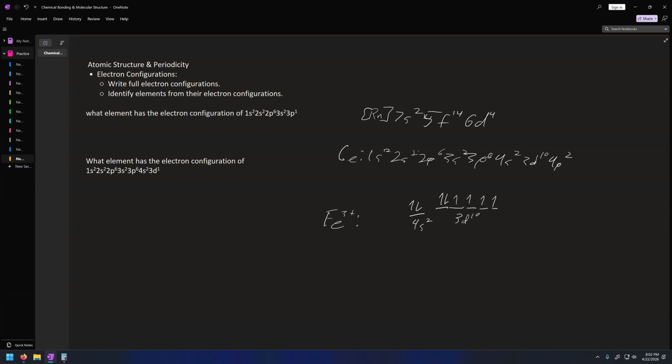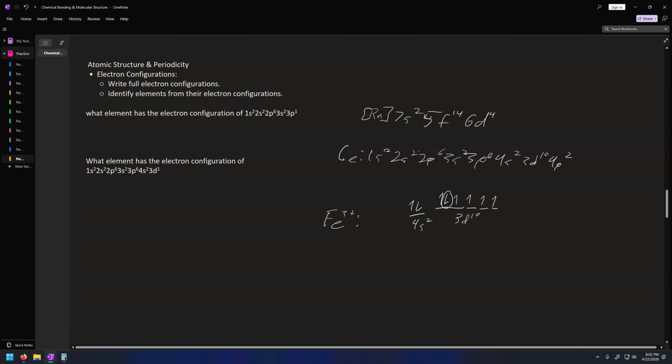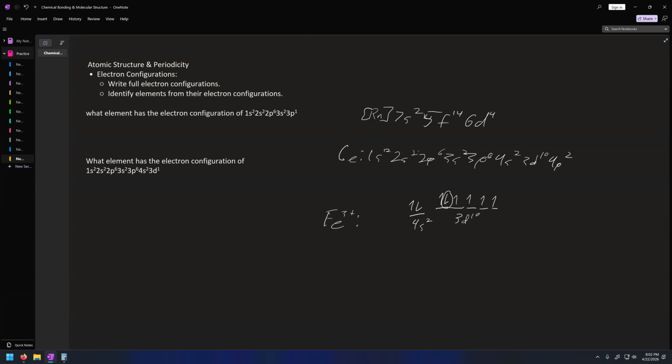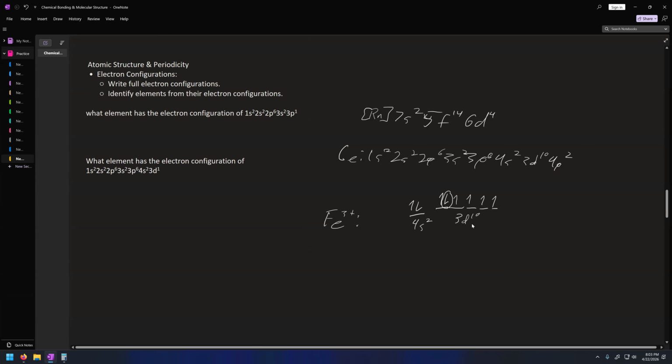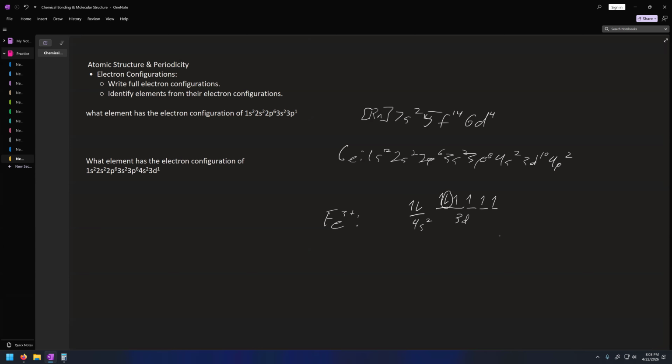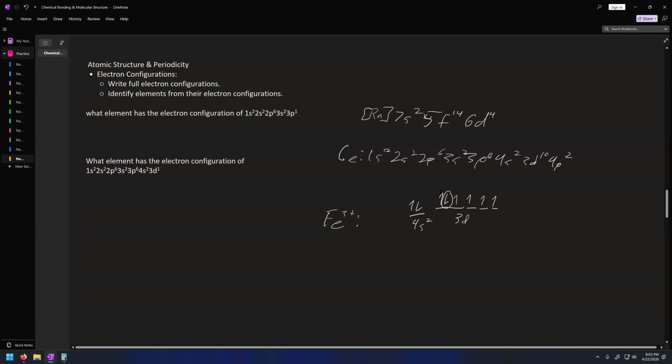So here, I'm anticipating we'll remove this electron first because it's the only paired one in that 3D orbital. Or 3D, not 3d10, sorry. So we're going to take that guy away. So that takes us to iron +1.